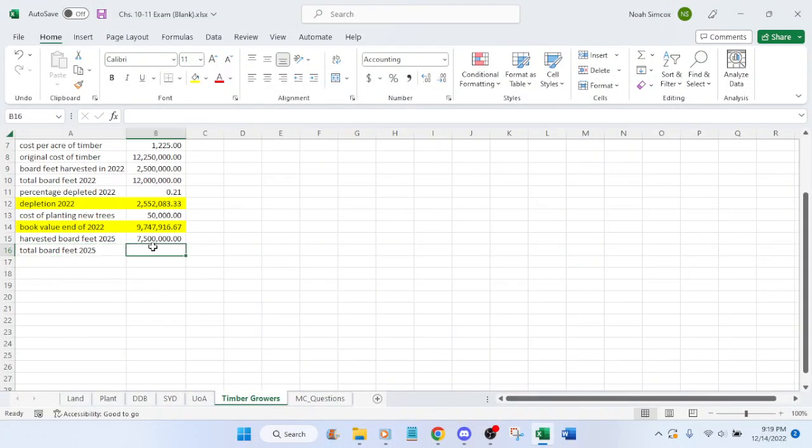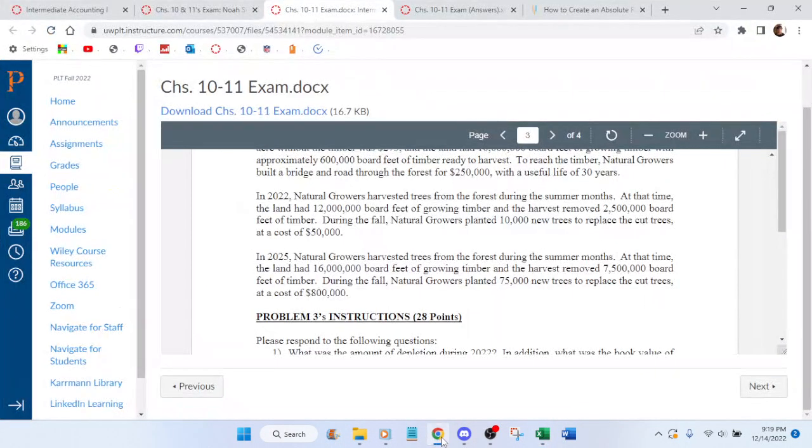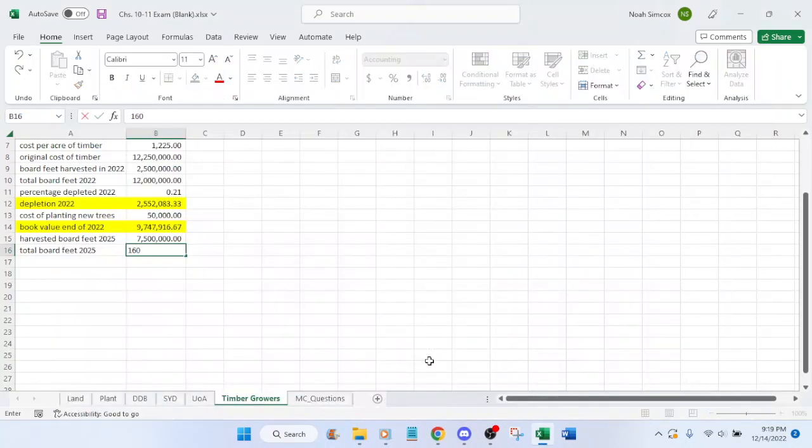Total during 2025 was 16 million. So percent depleted in 2025 is equal to this divided by this, and then depletion 2025 equals this times this.